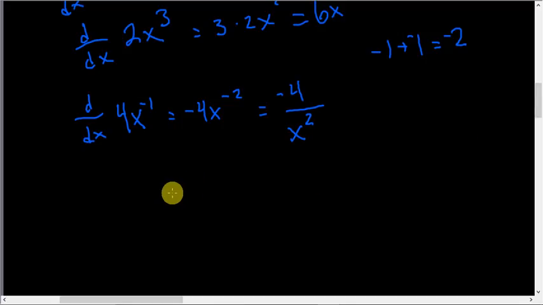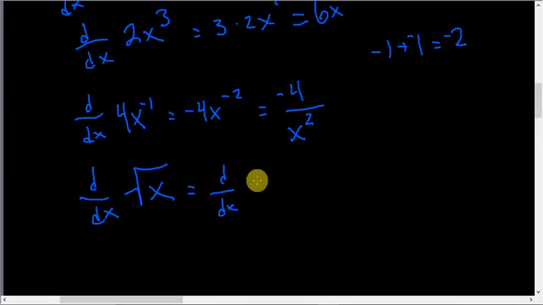Alright, and let's see if we want to take the derivative of, let's just say, square root of x. Well, square root of x is just x to the 1/2, right? So it's the same thing as, well, I should write the derivative, the same thing as the derivative of x to the 1/2. So we take this, we times it down here, so we get 1/2 x, and then 1/2 minus 1 is negative 1/2, right?